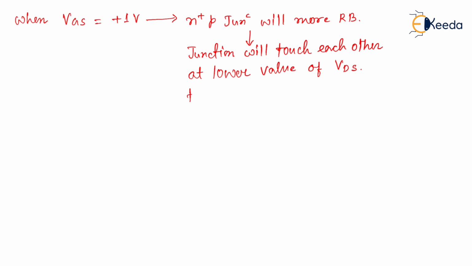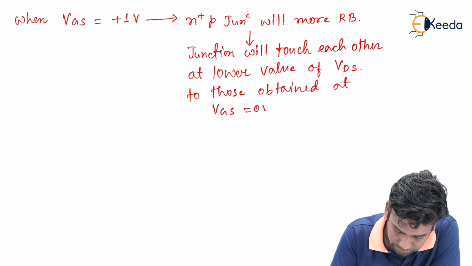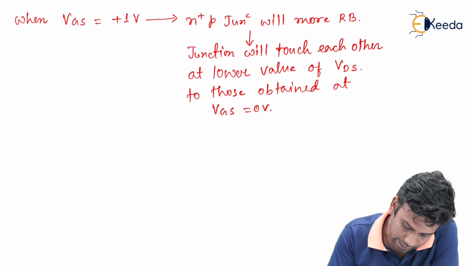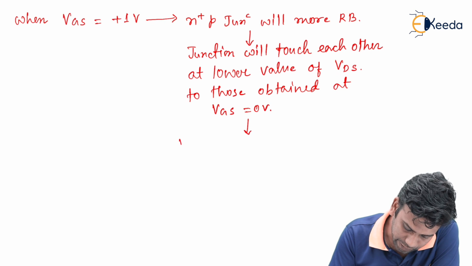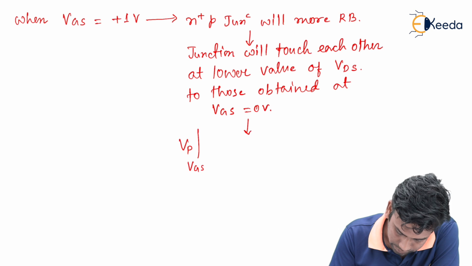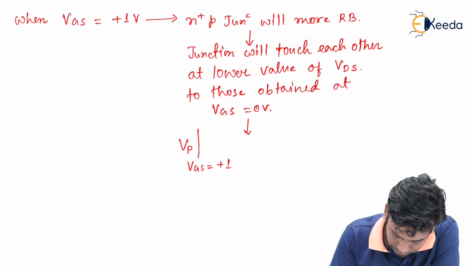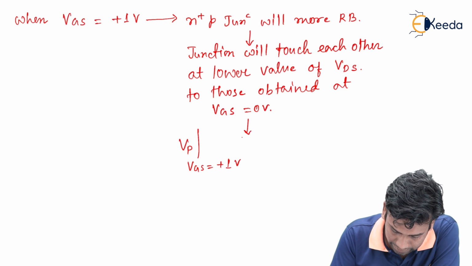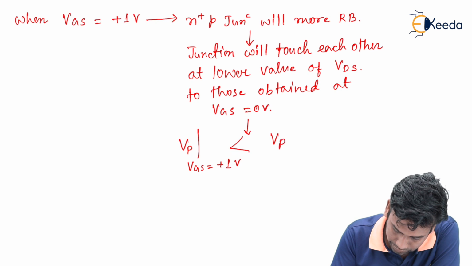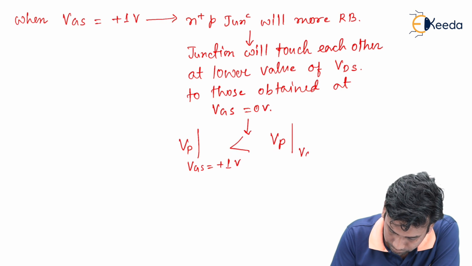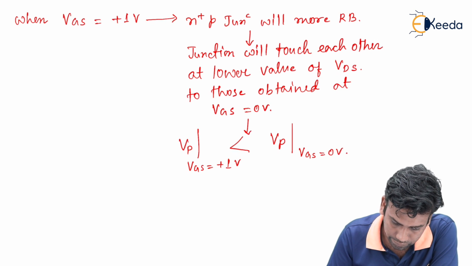than those obtained at VGS equals to 0 volt. Now we can say that the pinch off voltage at VGS equals to plus 1 volt will be lesser than the pinch off voltage at VGS equals to 0 volt.